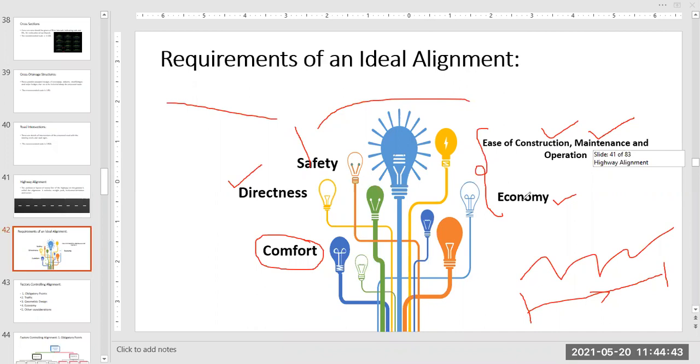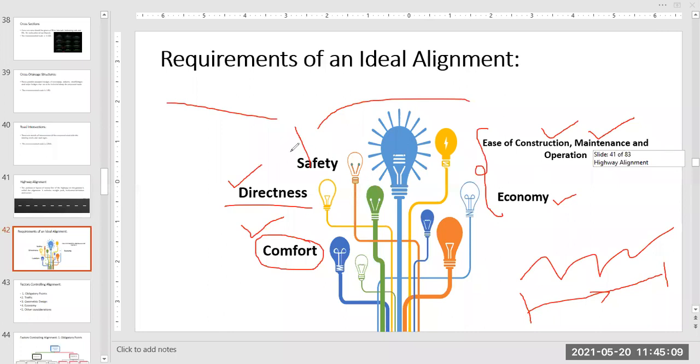So is it possible to provide a direct road all the time? No, sir. Definitely not, because there are many factors affecting the directness of a road. And can we provide a comfortable road all the time? No, sir, it is not easy. But construction and economy, at least we can handle.